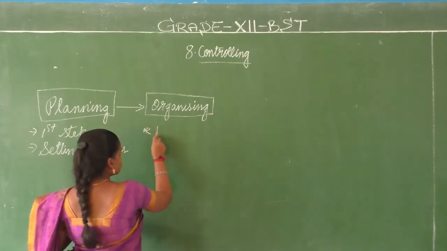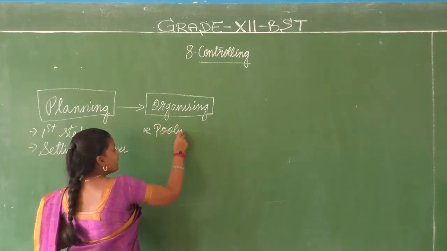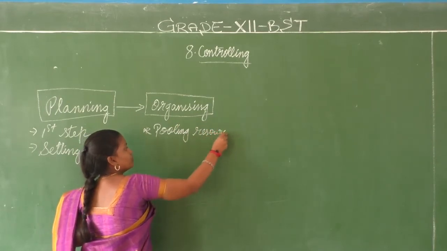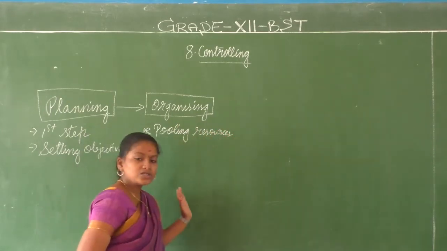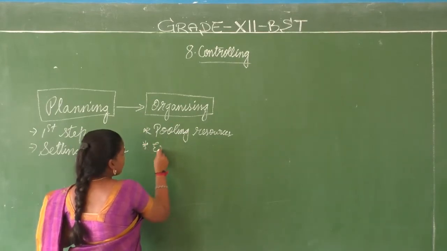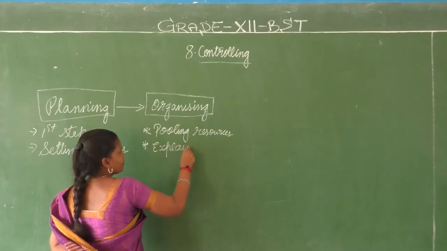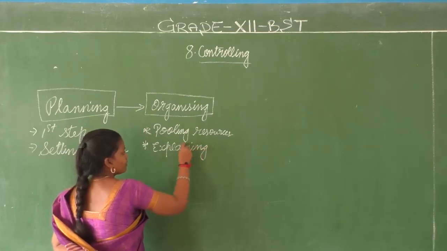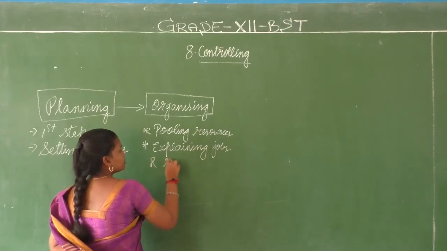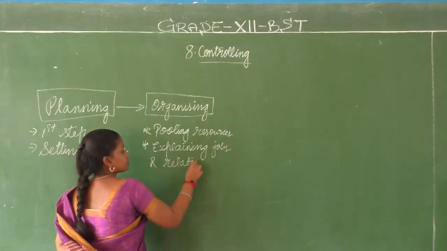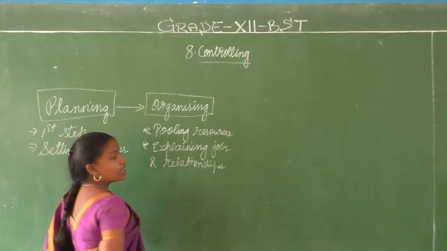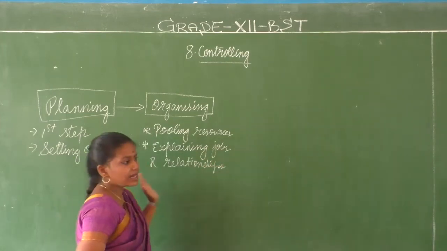Organizing is about pooling resources, bringing our resources together, explaining jobs and relationships, work relationships. Who is the subordinate, who is the superior, all of that we explain in organizing.